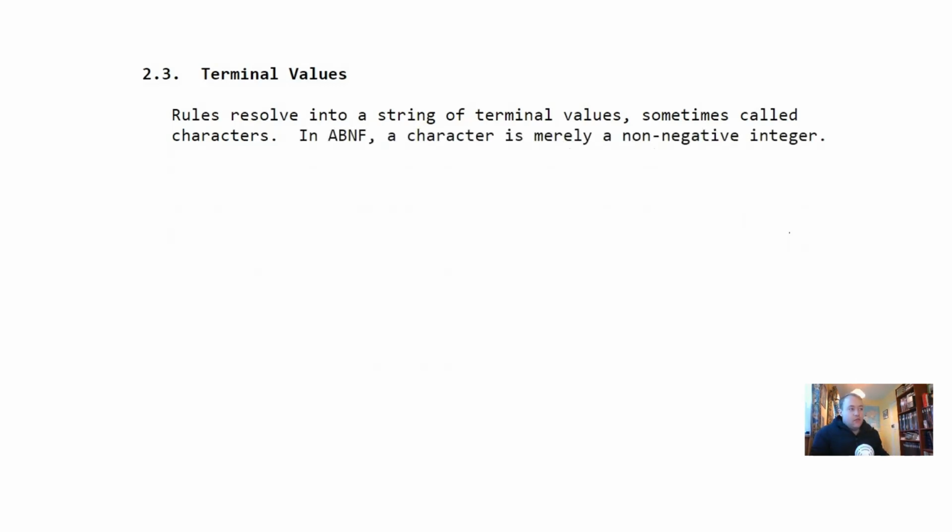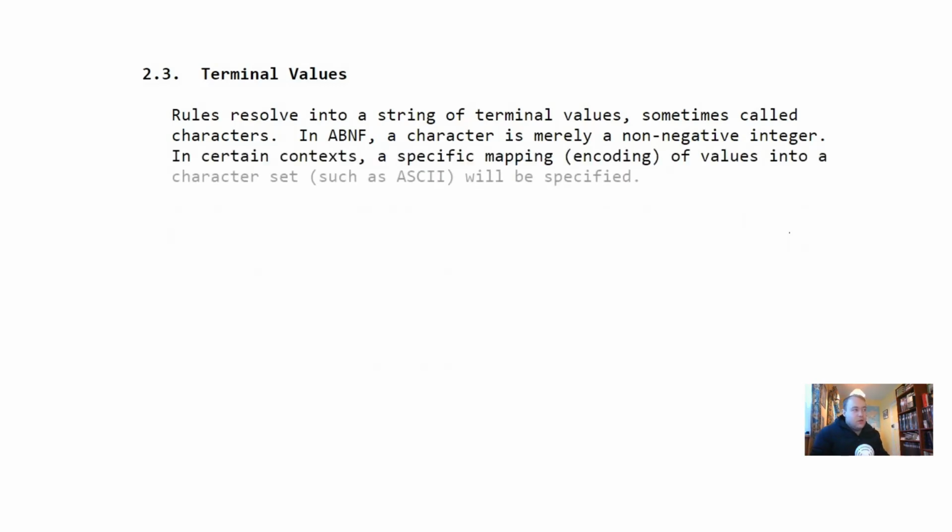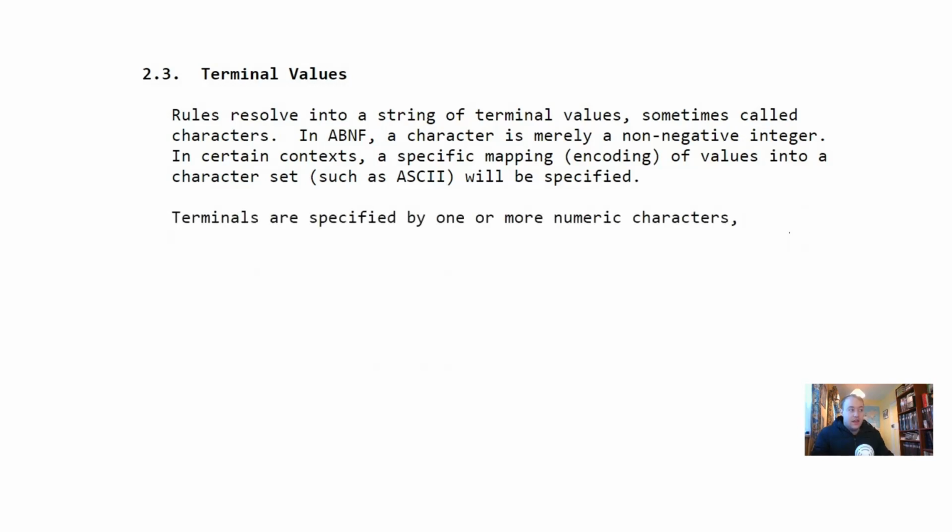In ABNF, a character is just a non-negative integer. In certain contexts, the specific mapping of values into a character set, such as the American Standard Code for Information Interchange, will be specified. And that's really helpful. We'll see that in this augmented BNF, they allow that, mapping the values into a character set. And we're going to use the percentage sign every time we do that.